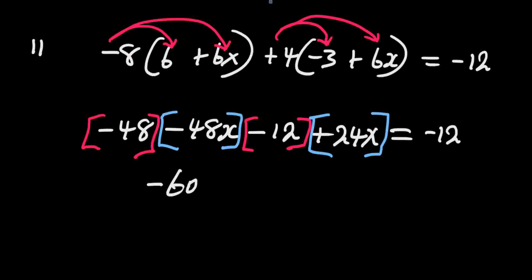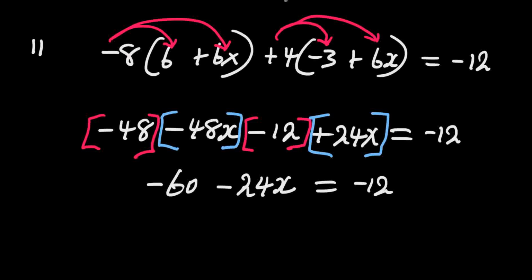So if we combine these two terms, negative 48x plus 24x, that will give us negative 24x. So negative 24x equals to negative 12. I hope you are familiar with addition and subtraction of positive and negative terms. So once you are familiar with that, it becomes very easy for you to deal with.